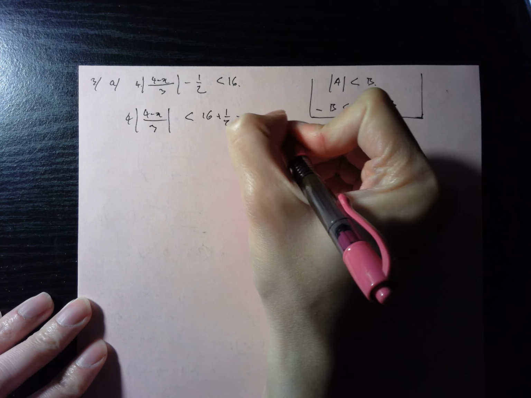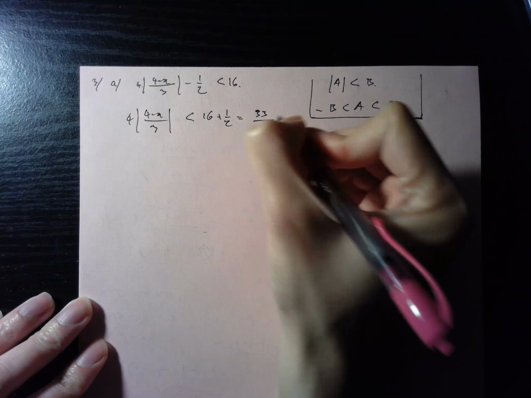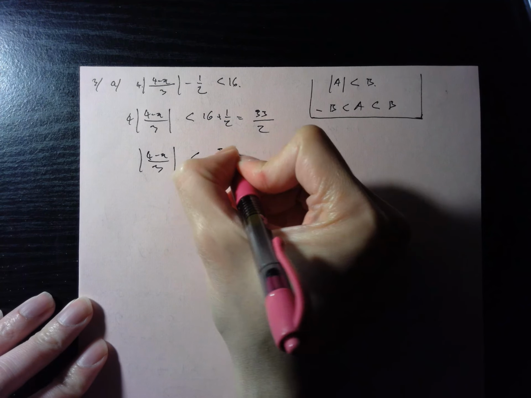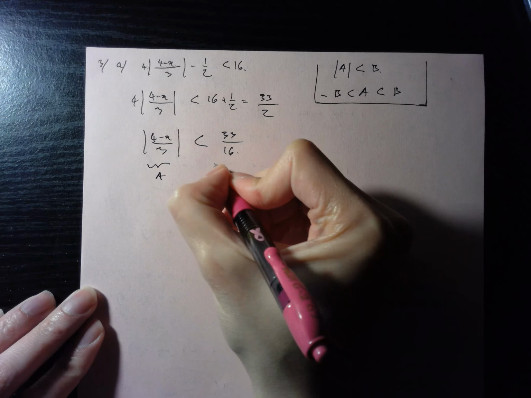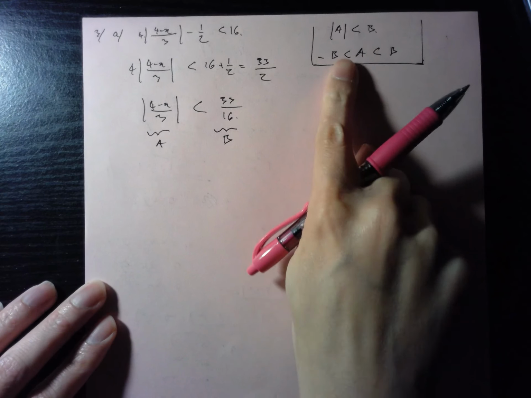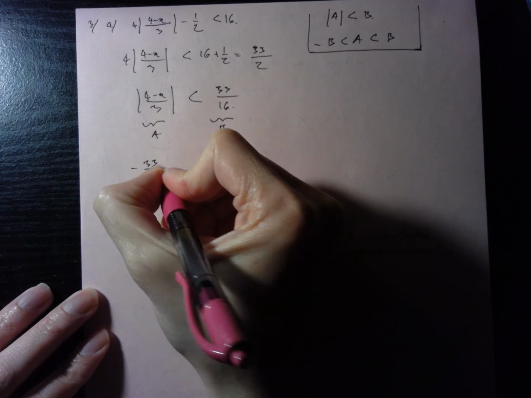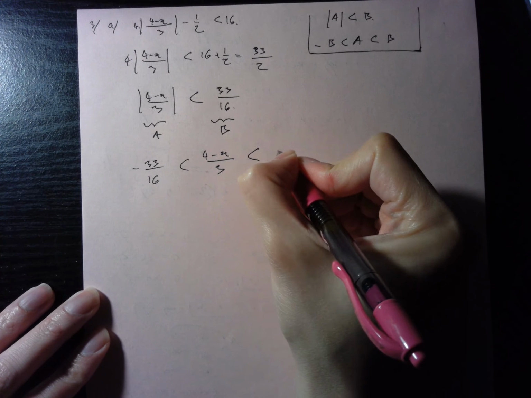And find the common denominator, then I have 33 over 2, and I divide both sides by 4, so I have 33 over 16, and this is your a, this is your b, so I can apply absolute value of a less than b, so negative b less than a less than b.